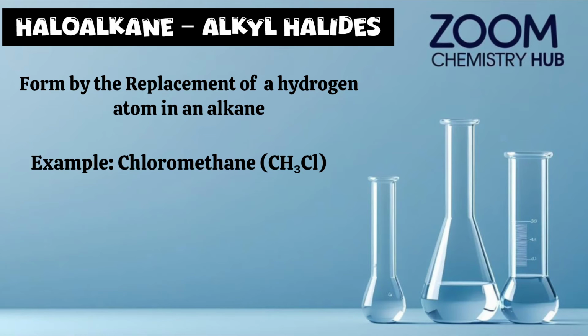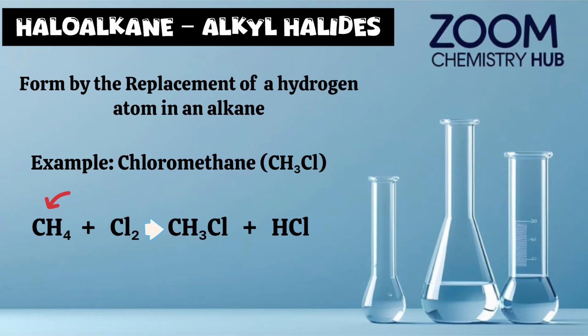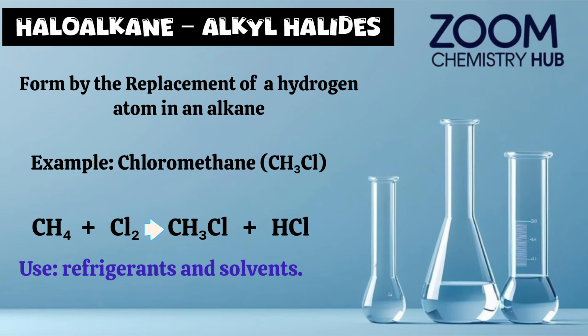We have an example of haloalkane is the chloromethane, that is CH3Cl, and it is formed by the replacement of one hydrogen atom from the methane, that having the formula CH4, and after removing the one hydrogen atom it is replaced by the halogens, that is the chlorine, and this is called alkyl halides. Haloalkanes are used in refrigerants and solvents.